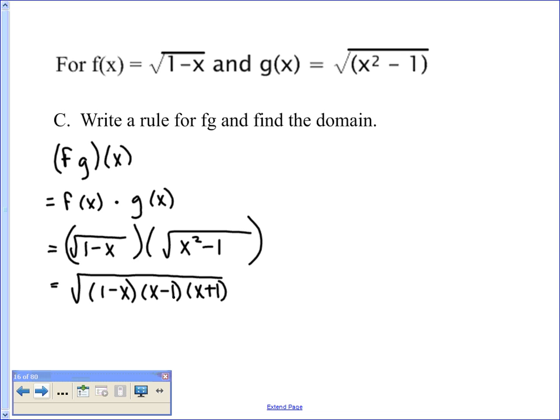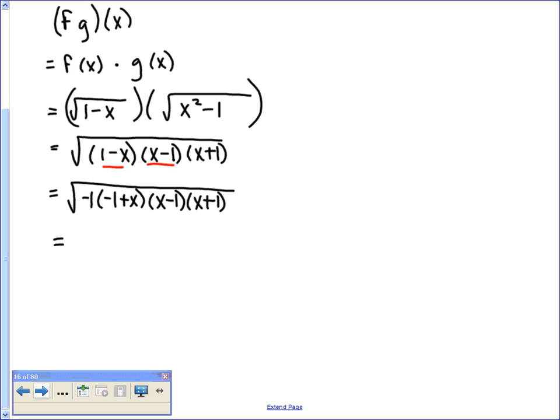So what you should notice is that these two have exactly opposite signs of each other. And if that's the case, then I can factor out a negative 1 in one of the two. So if I factor out a negative 1, then I get negative 1 times negative 1 plus x. And then everything else stays the same. Now, the reason I did that is because now I can rewrite this as negative 1 times, I'm going to switch the order of the negative 1 and the positive x.